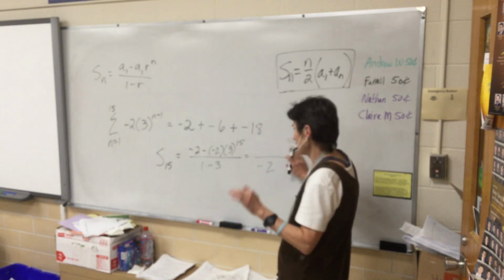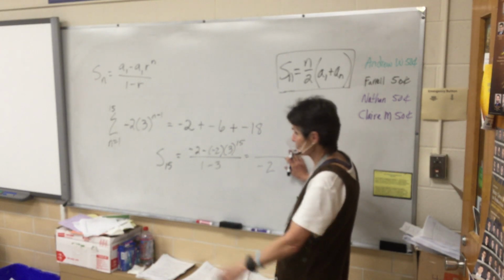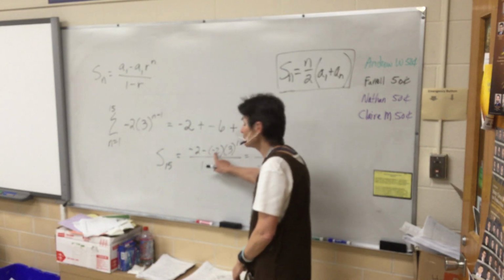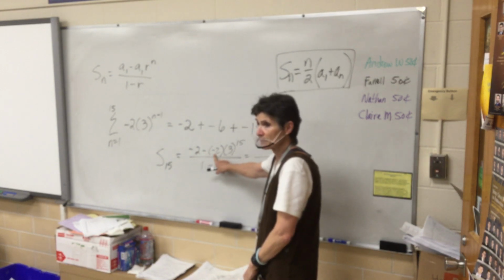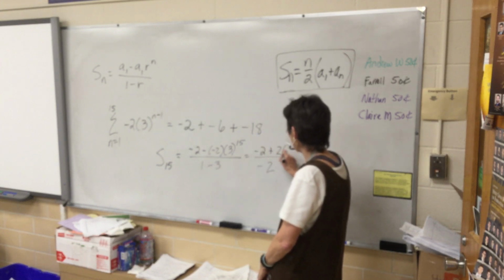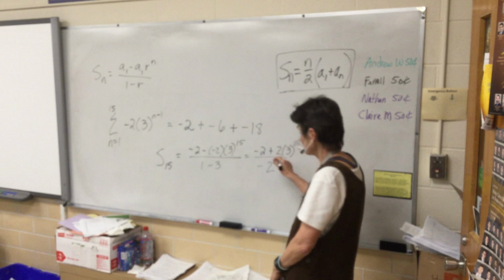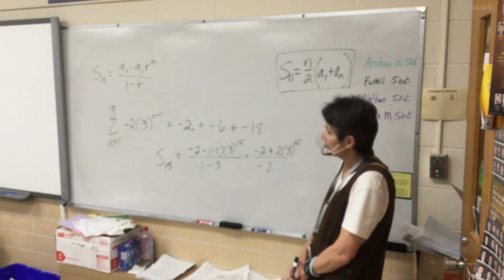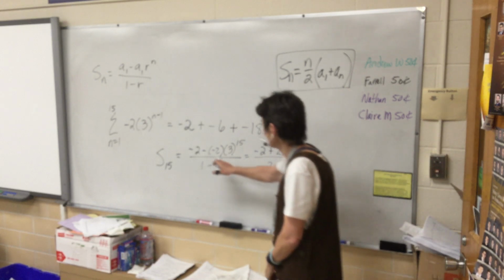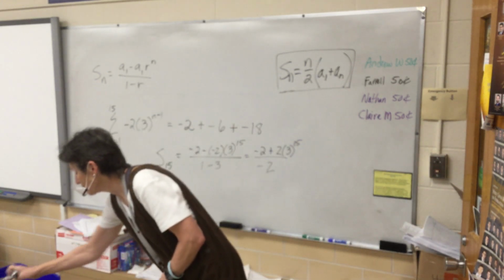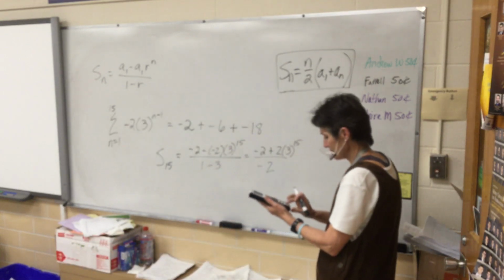Now, if you think there's any chance of you getting confused, I would just type it in exactly as it is. But won't these two negatives cancel each other? So if you want to cancel them and you are comfortable doing that, this is what you could type into your calculator. But if you are worried about canceling, just let the calculator deal with it and type it in exactly as I wrote it, with the parentheses.